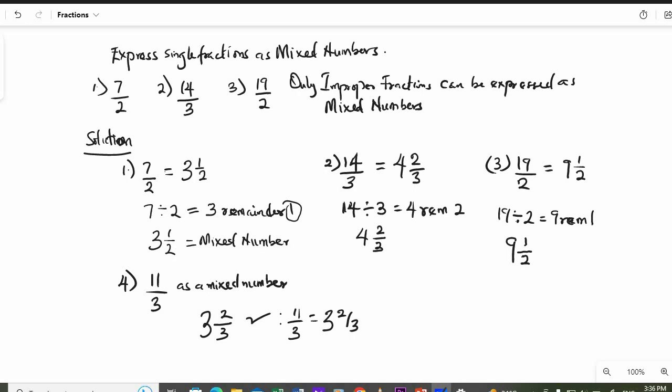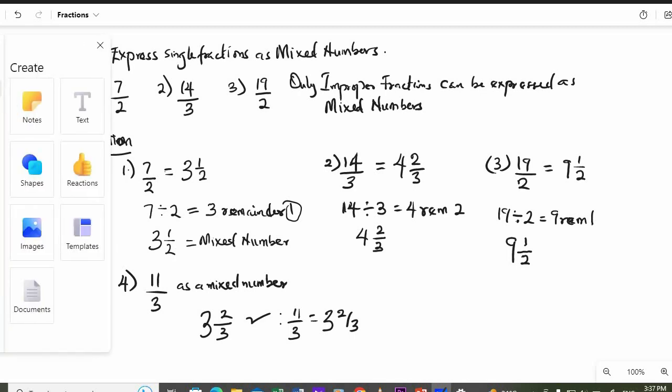If the numerator were smaller than the denominator, we wouldn't have a whole number if we divided the numerator by the denominator. Okay, so this is the reason why only improper fractions can be expressed as mixed numbers. So I hope you understand that.